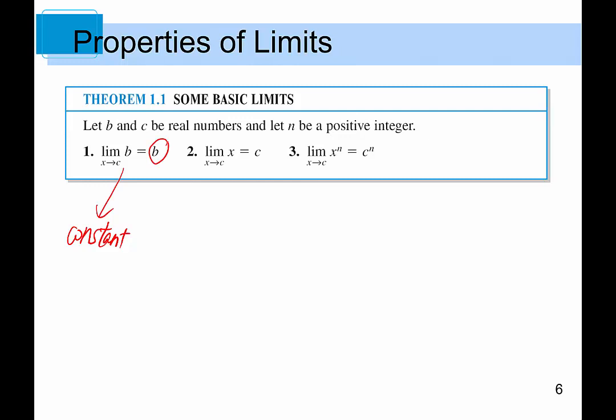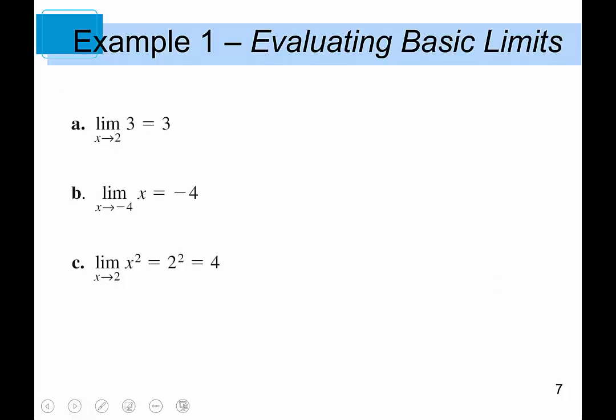So the limit for x approaches c for the linear function x will become c. Limit for polynomial function with n degree, limit when x approaches c for x to the n becomes c to the n. Those three are very basic limits, and it's very easy to understand.